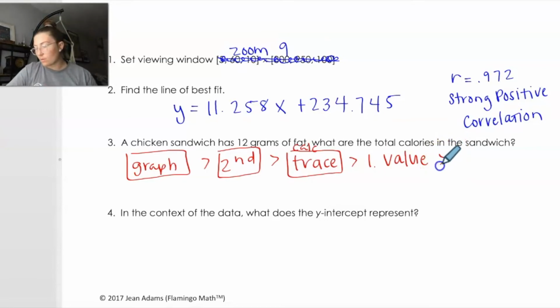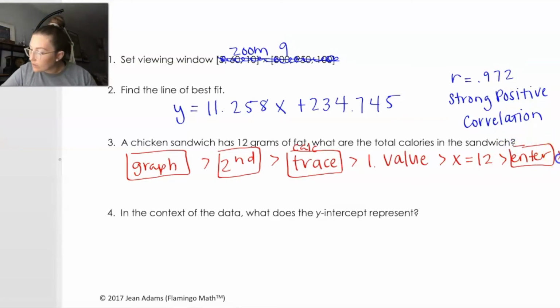In there, we're going to put x equals 12, and then we'll press enter. And then this is going to give you y. So it gives the y value. That's what we're looking for. What is the y value? How many calories?